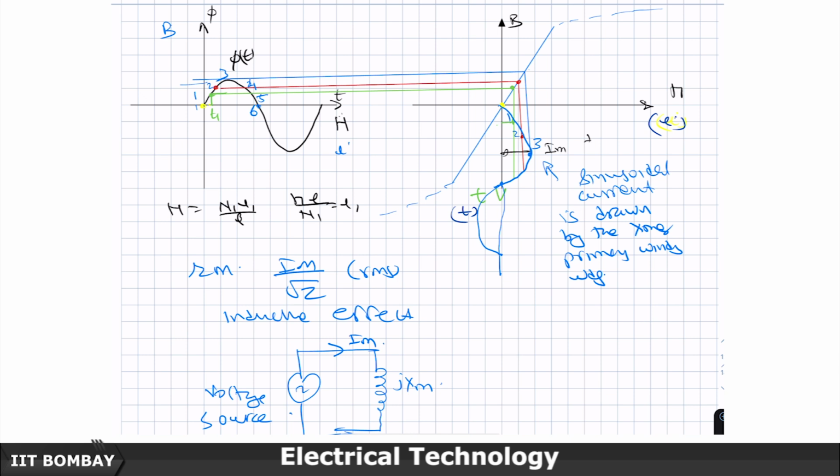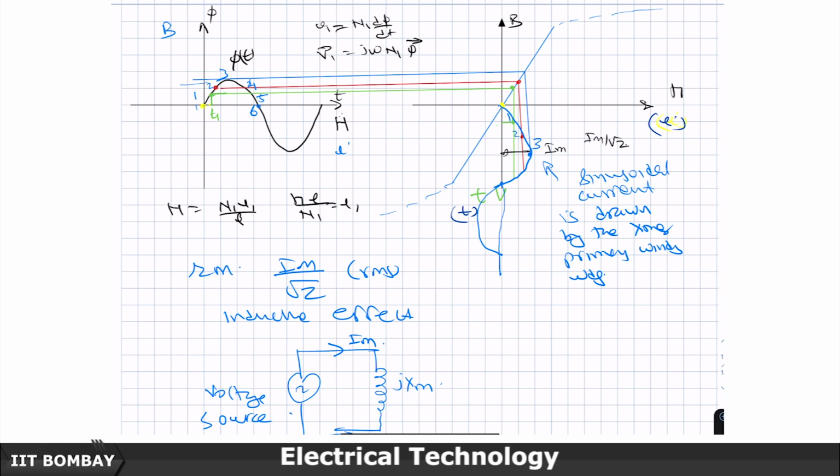So, this Im by root 2 is going to be equal to Irms, and for this B there is a V waveform, and V is equal to n1 d phi by dt. So, phasor wise, V1 phasor, d by dt can be replaced by j omega, so n1 and the phi phasor.